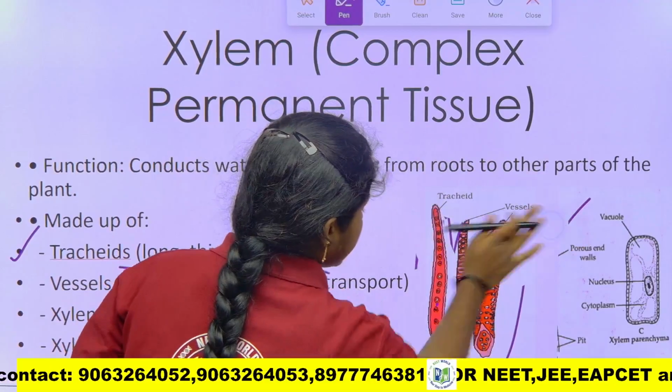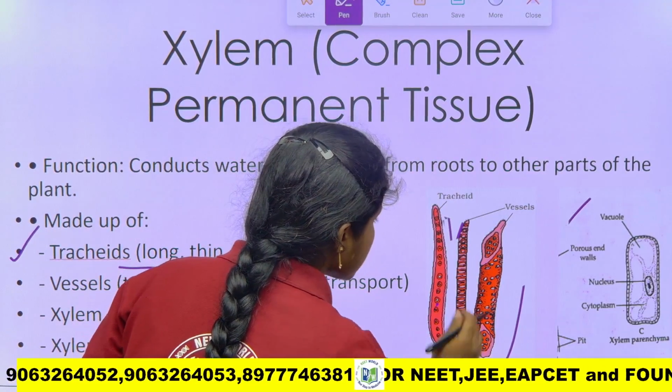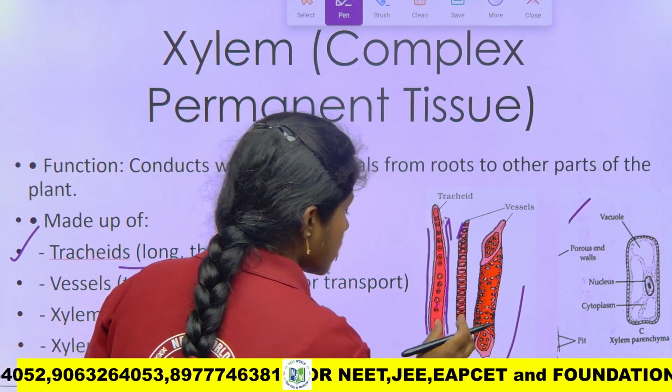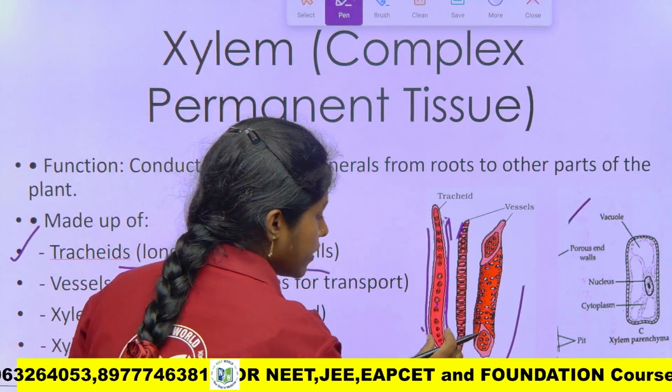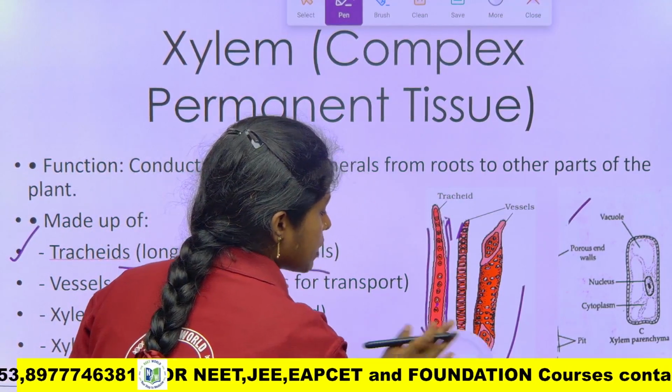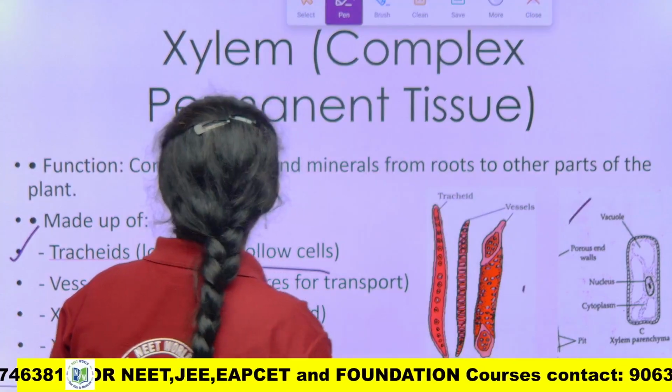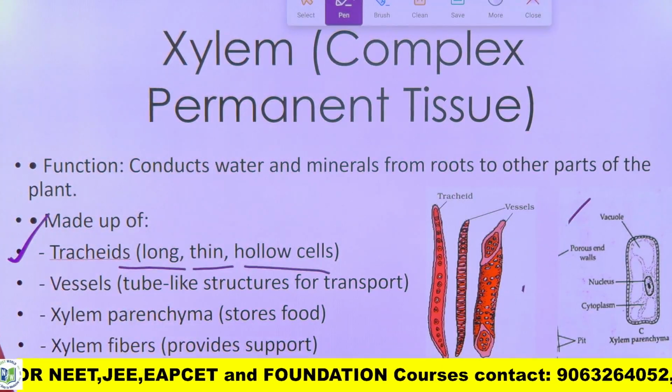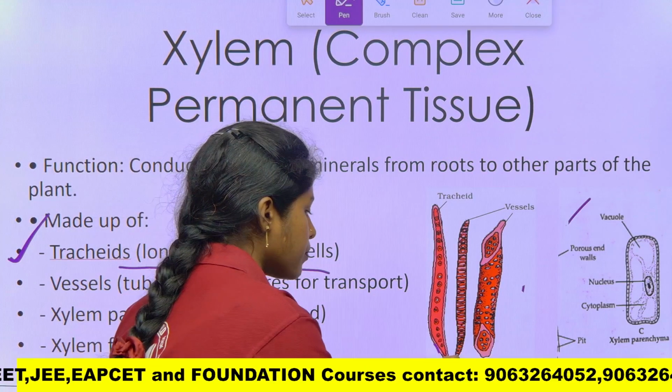See here, these are the tapering ends, which begin the hollow space; when it comes down at the end, they become narrow. That is nothing but tapering ends. The tapering ends are for the tracheids, right? They have thick tapering ends made up of lignin.